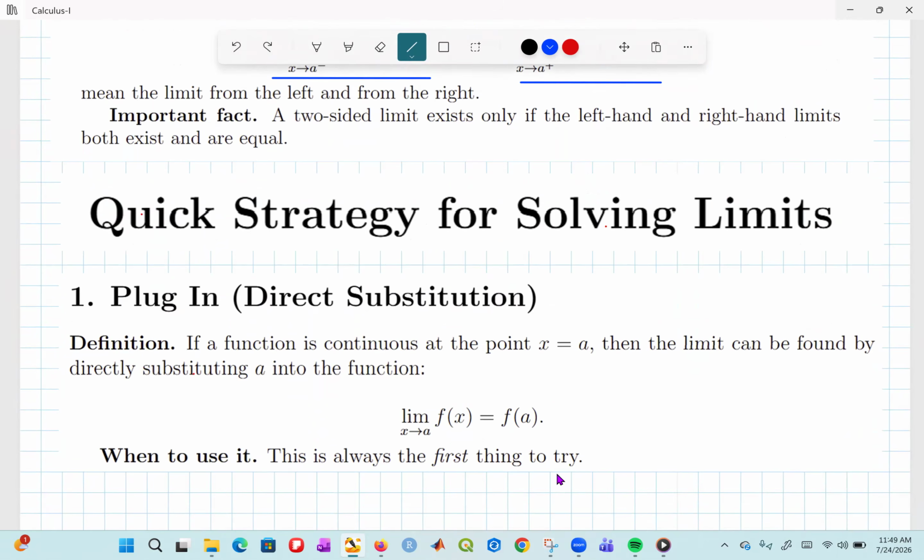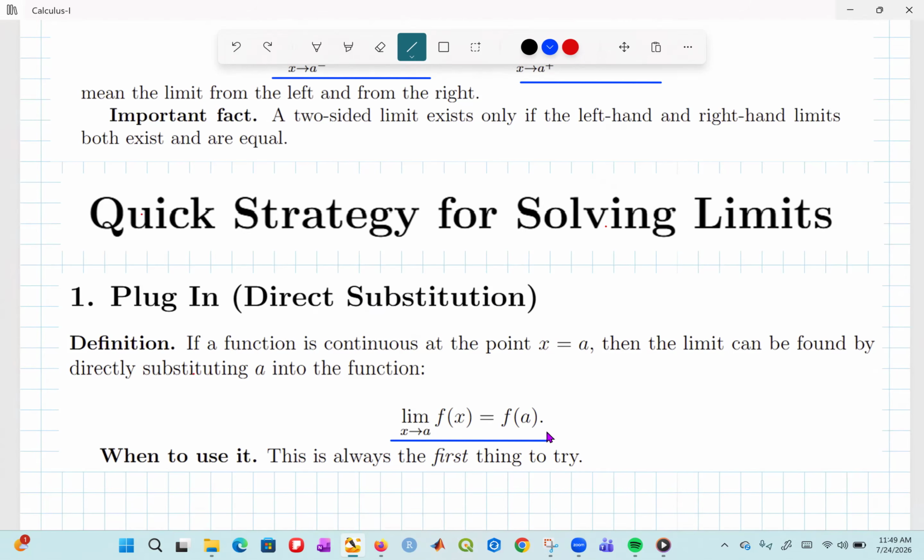If the function is continuous at x equals A, continuous meaning that when we draw the graph of the function our pen is not lifted, then the limit of f of x as x approaches A equals f of A. This is known as the direct substitution method of limits.